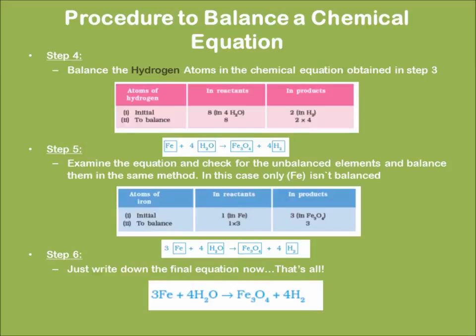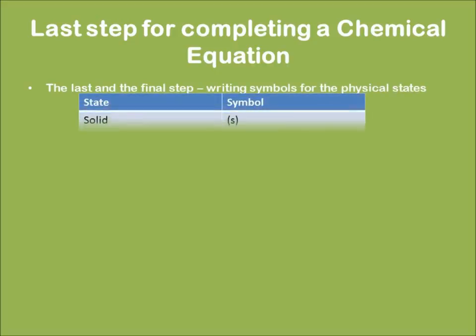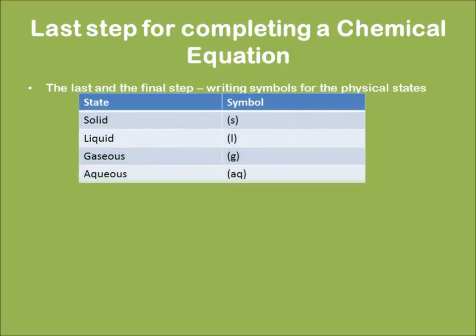There's actually one more important last step to complete the procedure of balancing the equation, which is nothing but representing the states of the compounds. The list of states has been given in tabular form.